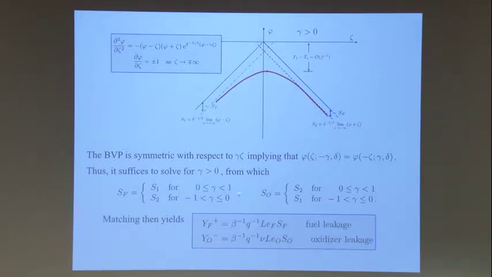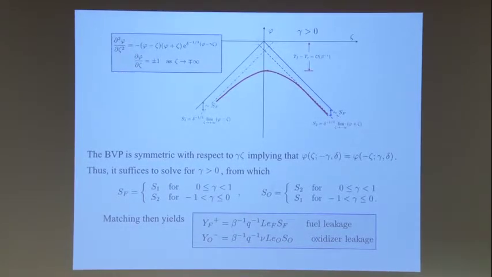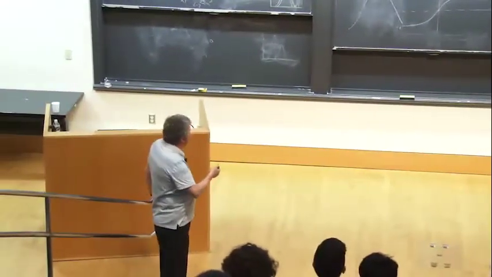The key thing is that the fuel leakage is related to what I called SF, which is a number computed from the boundary value solution, and the oxidizer leakage is obtained from the second relation. So the structure gives us immediately, for a given set of these parameters, gamma and delta, the extent of leakage that you have.